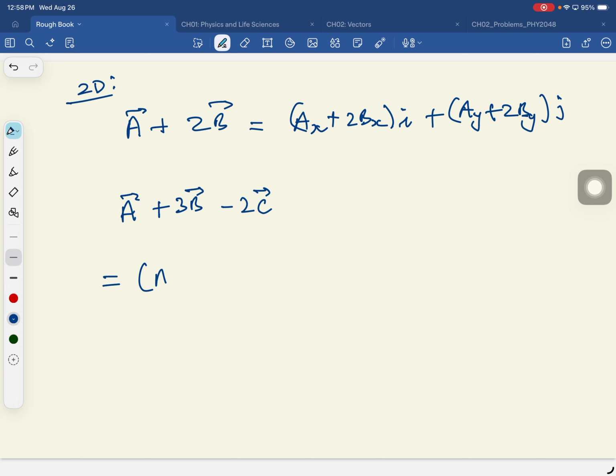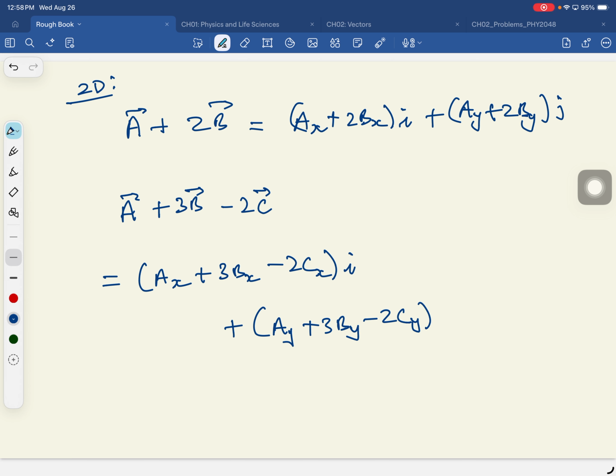Ax plus 3Bx minus 2Cx, in parentheses, i. Ay plus 3By minus 2Cy. All right. So now you know how to add and subtract vectors using components.